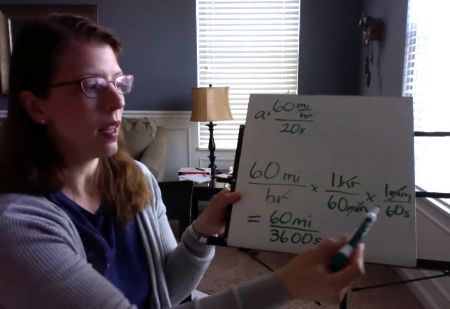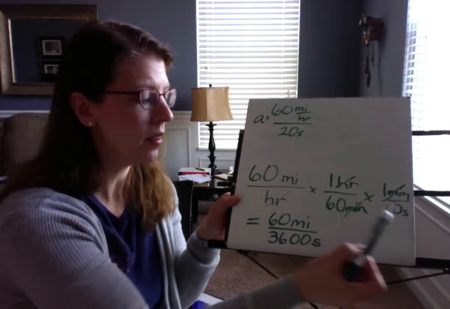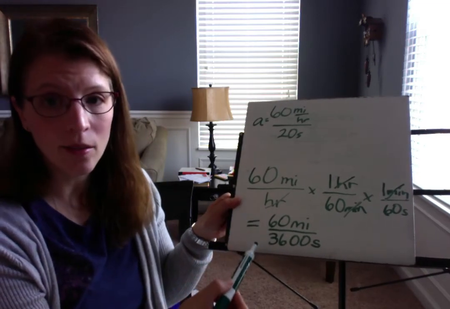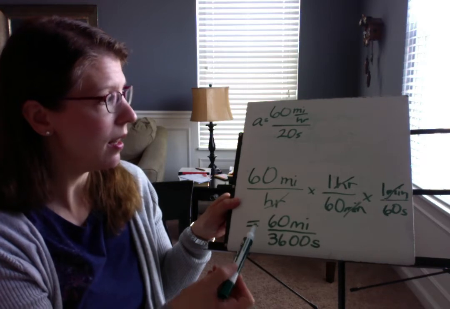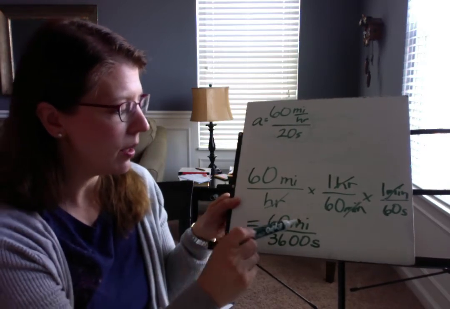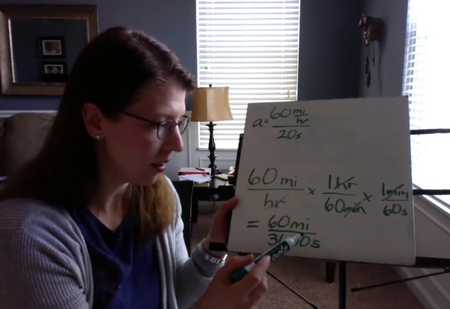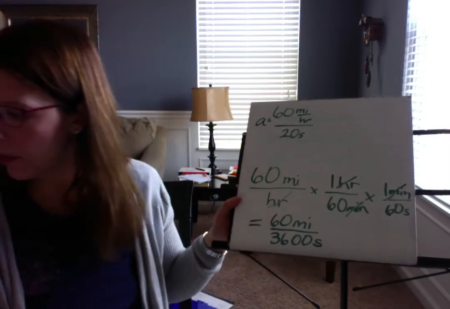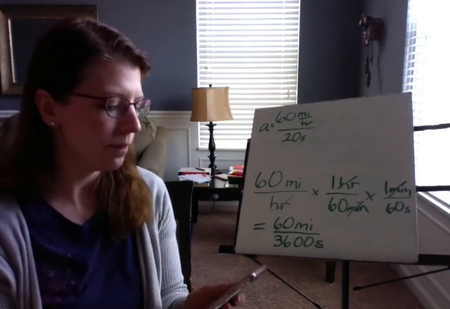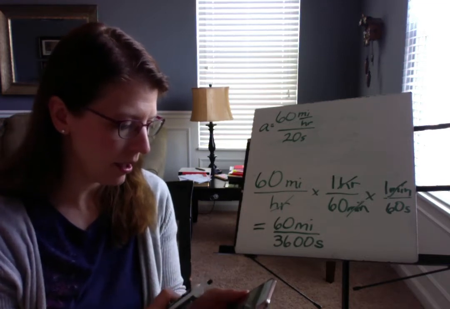And my units on the bottom are seconds because my hours got canceled, my minutes got canceled, so I just have seconds. Okay, so my real speed that I can use in this equation is 60 miles divided by 3,600 seconds.